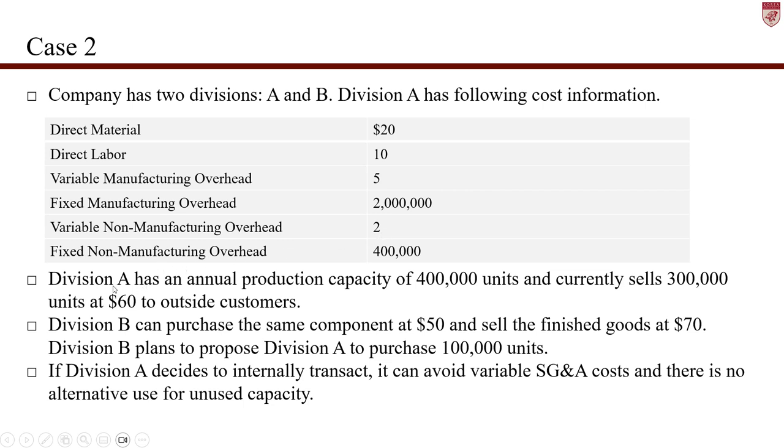Division A, which happens to be the selling subunit, has an annual production capacity of 400,000 units. And now they're currently selling 300,000 units at $60 to the outside customer. Okay. Division B can purchase the same components at $50 and sell the finished goods at $70.